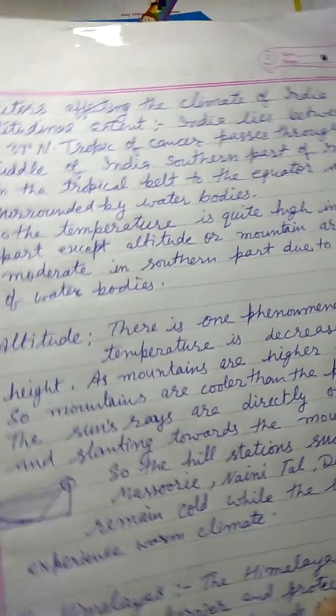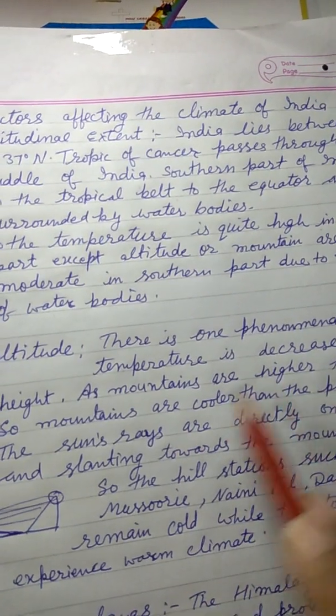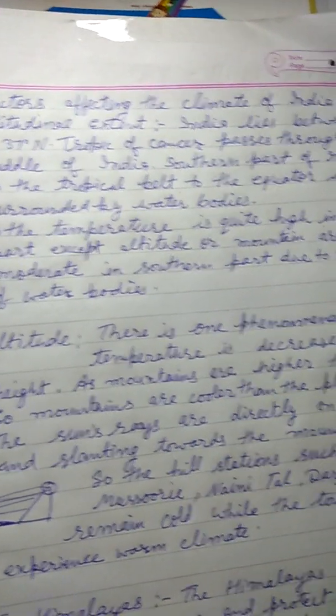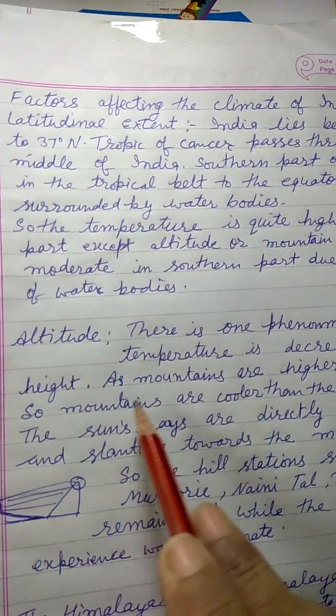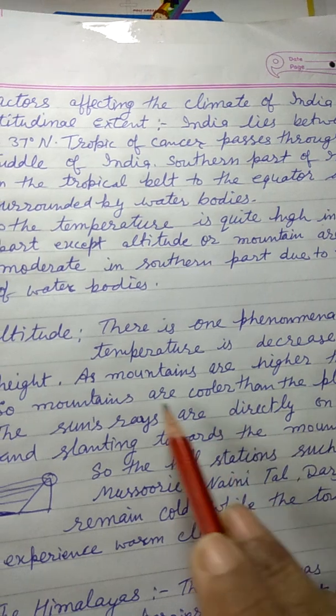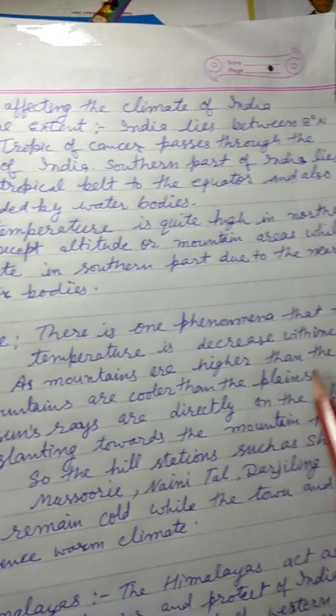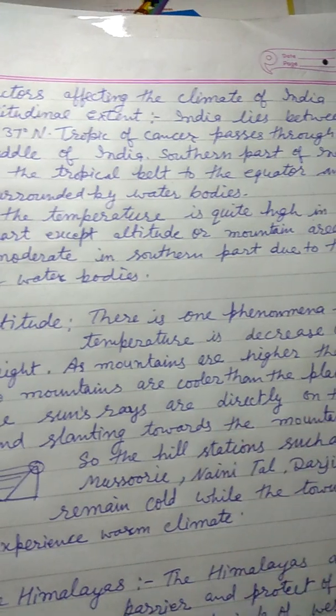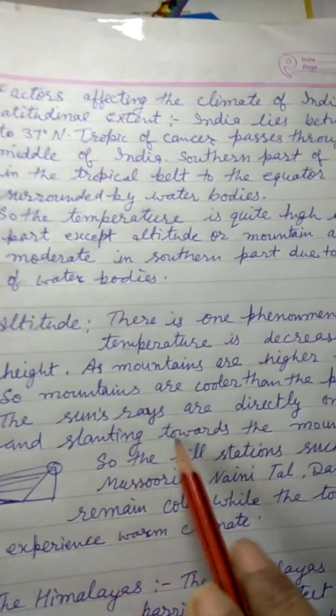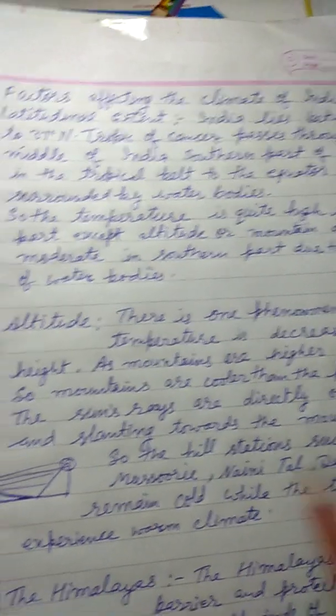Second one is altitude. There is one phenomenon: temperature decreases with increasing height, as mountains are higher than the plains. So the mountains are cooler than the plains. The sun's rays fall directly on the plains and slant on the mountainous area.